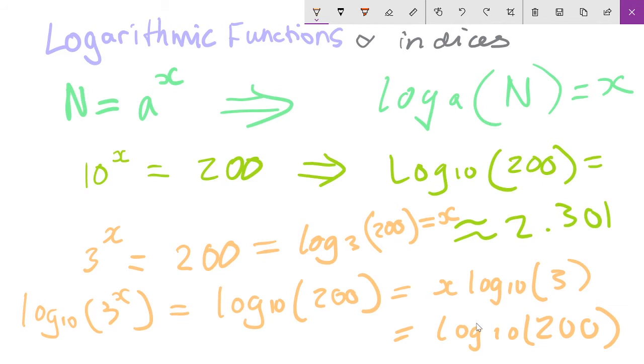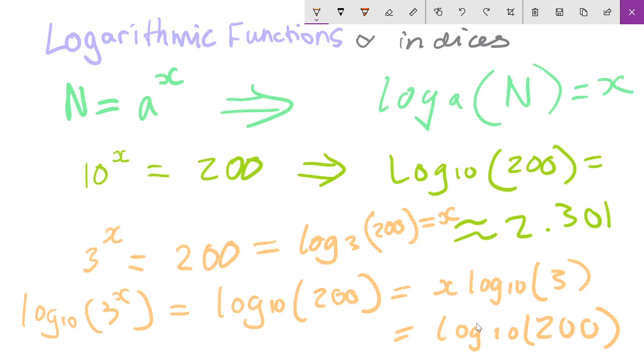Now, which brings me to logarithms as an operation, a way to divide, subtract, multiply, and add. Logarithm is an operation as well.